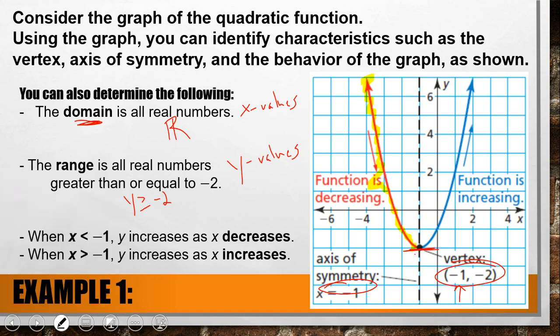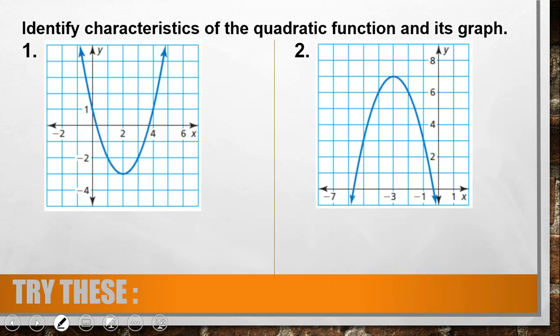And then in this part of the graph, here, the function is increasing. So our x is increasing from greater than 0, and the y is going up. Okay, so it's important to know when the graph is increasing and decreasing. So it's decreasing all the way to 0 in our x values, and then once we get past 0, then the function starts to increase again.